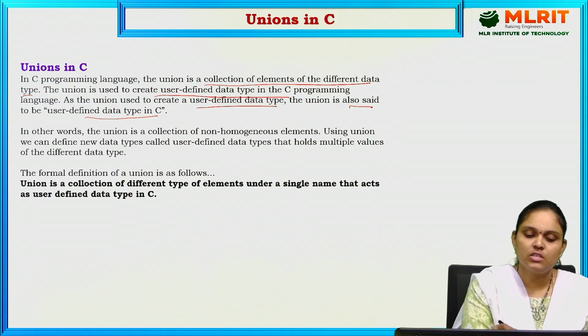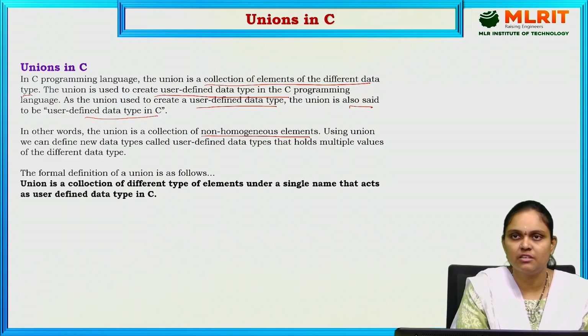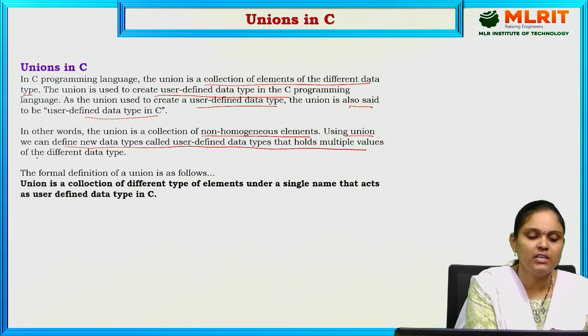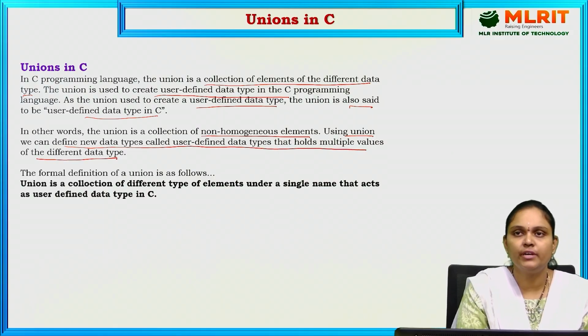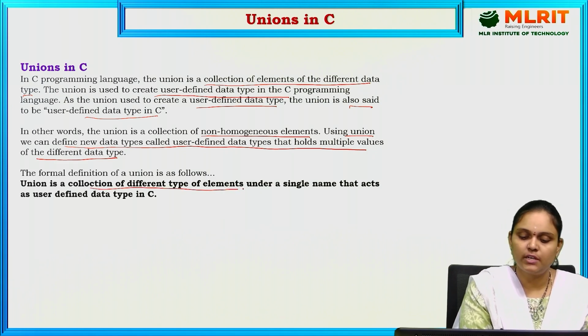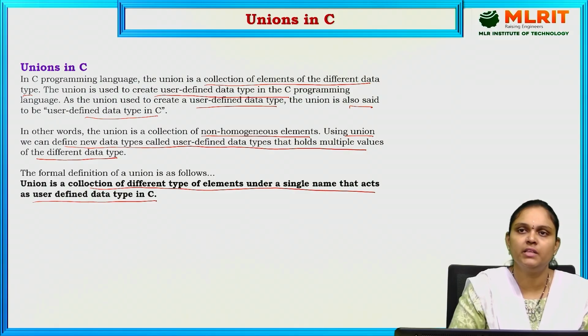In other words, union is a collection of non-homogeneous, which means heterogeneous, elements. Using union, we can define new data types called user-defined data types that hold multiple values of different types. The formal definition is: it is a collection of different types of elements under a single name that acts as a user-defined data type in C.